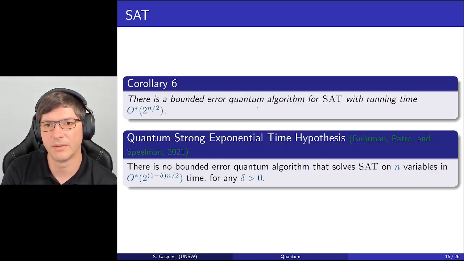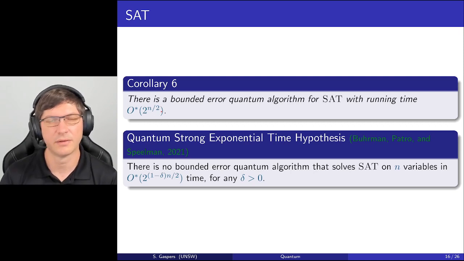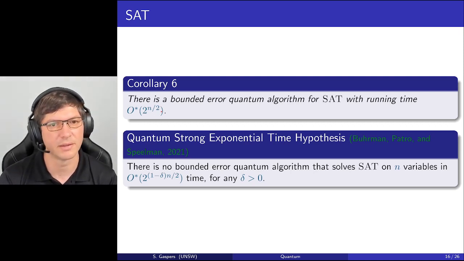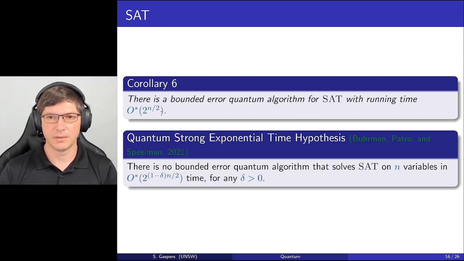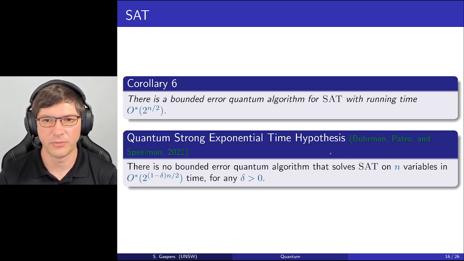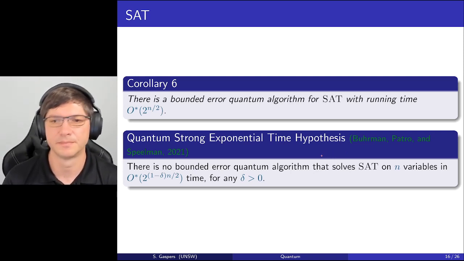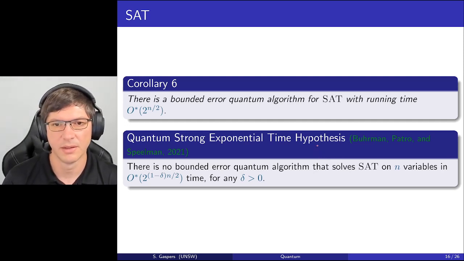As a corollary, satisfiability can be solved in this time, and so people say that we get a quadratic speedup for satisfiability. But that seems to be the best that we can hope for if our current thinking about quantum computers is right.